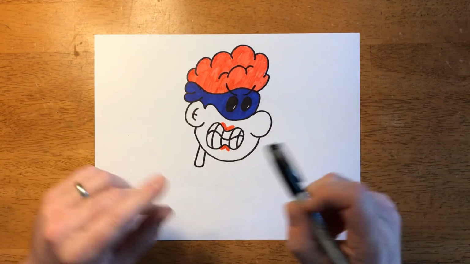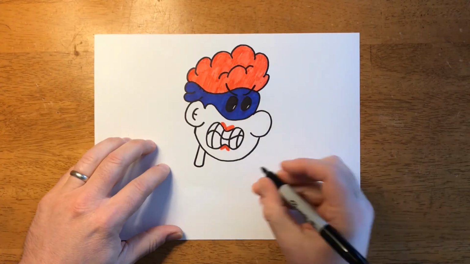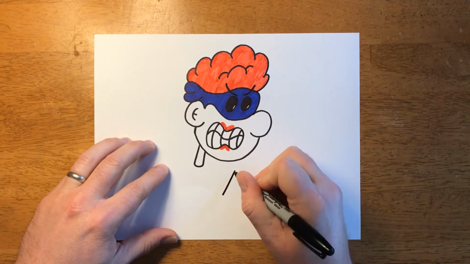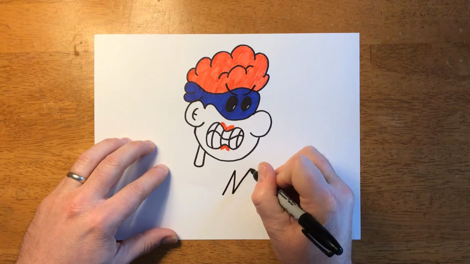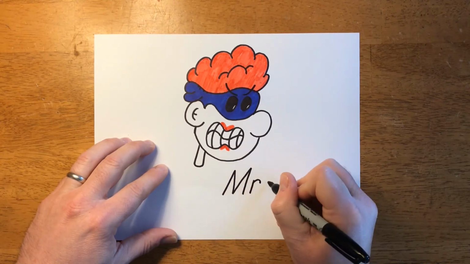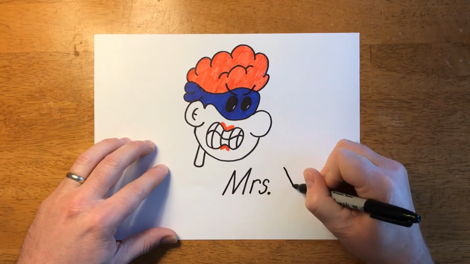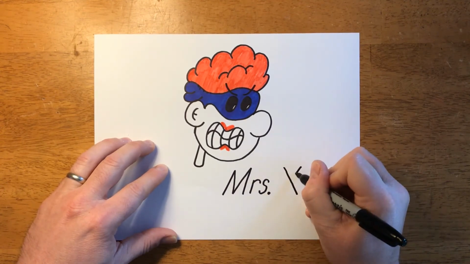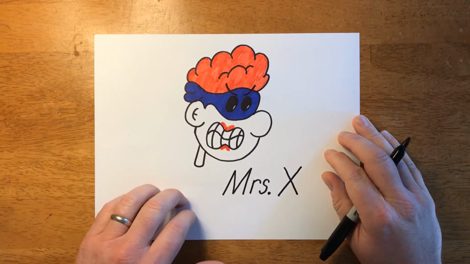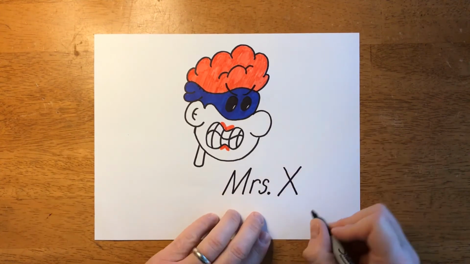So now what you definitely want to do is put a title on this one. So let's put a title for Mrs. X. Okay, and we have our title for Mrs. X. And then the most important thing and the fun thing is go ahead and sign your artwork.